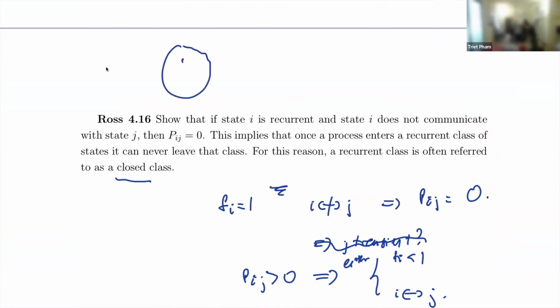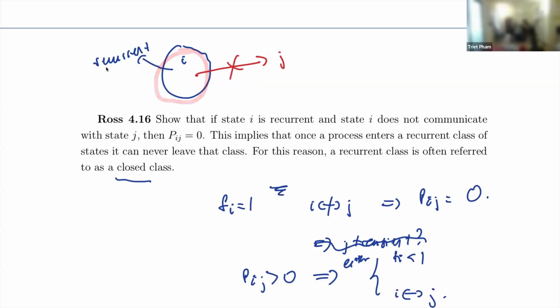if it's recurrent, I'm just saying it's recurrent, cannot have any arrow going out of it. Arrow as in arrow of accessibility type. The intuitive reason is kind of easy to see.